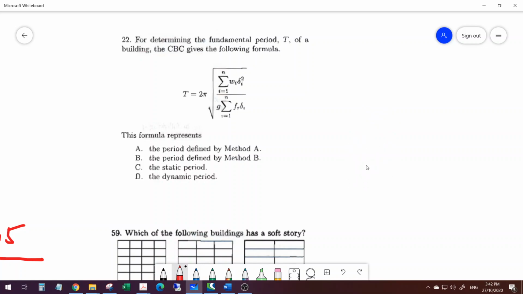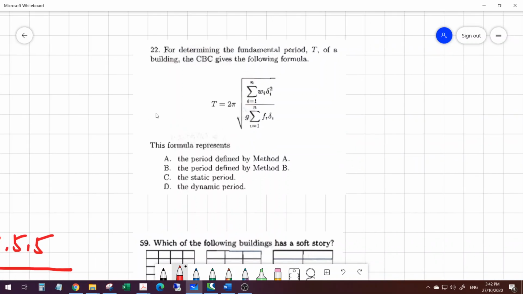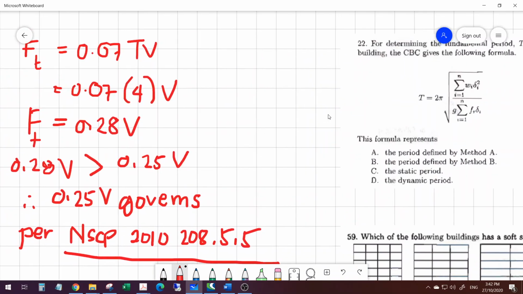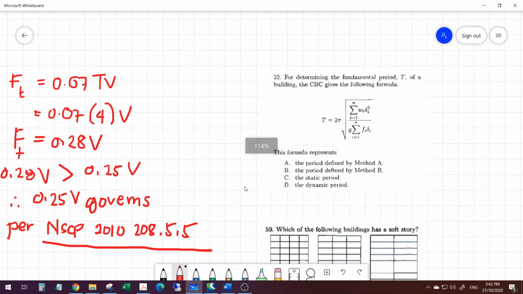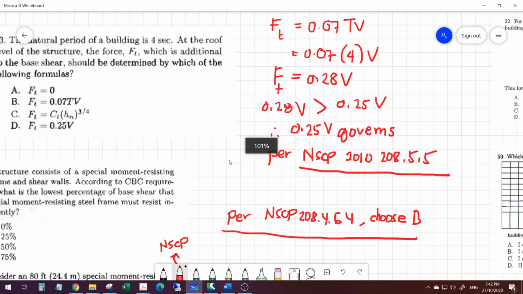So far, I have mentioned the formula for method A, which is CtH raised to 3/4, right? But on method B, where is the method B?